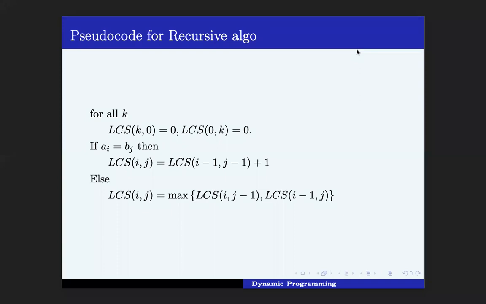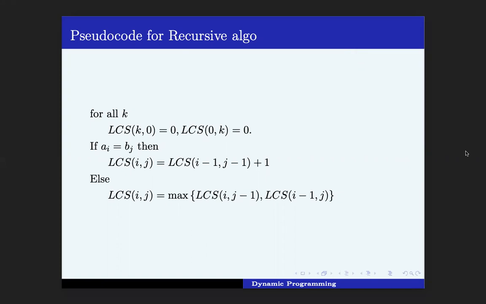In each iteration, we check the values of the previous diagonal term, the above term, and the left term, and we can compare and get the value.